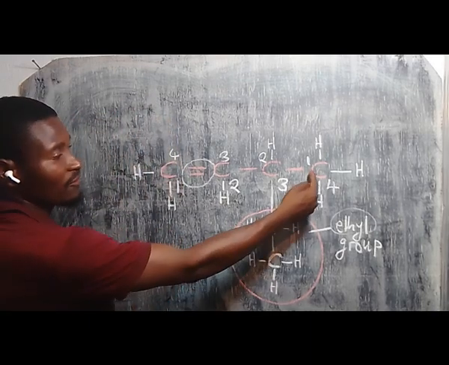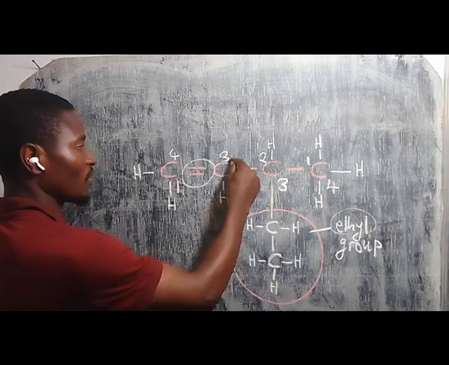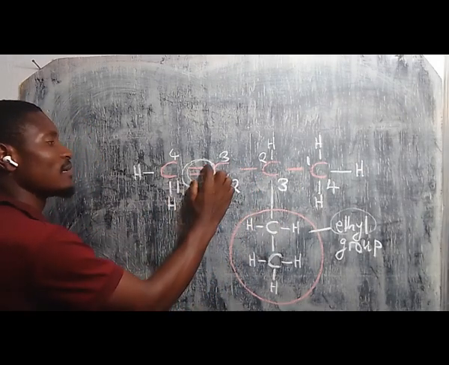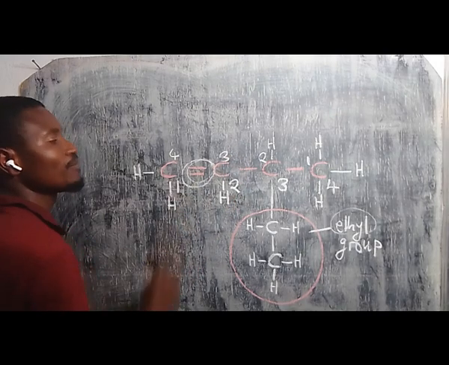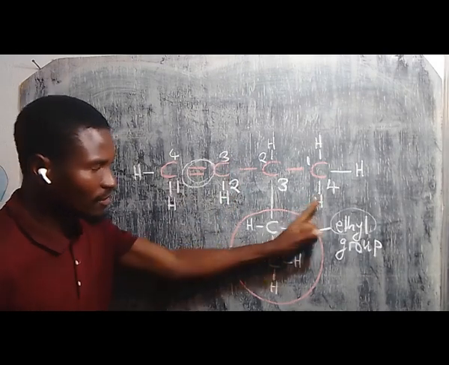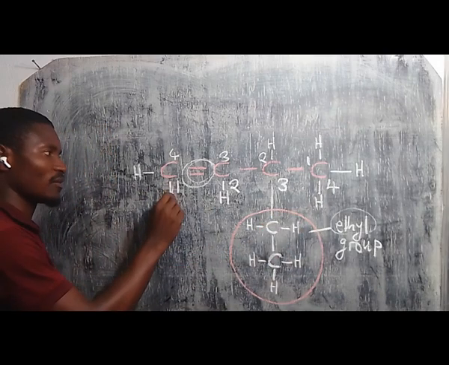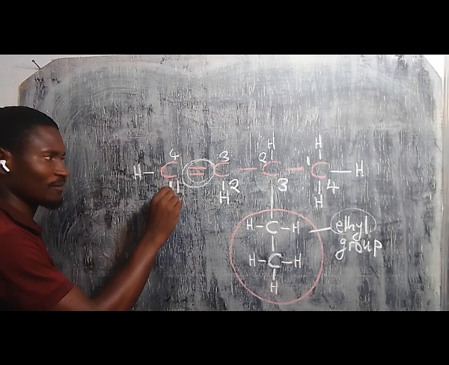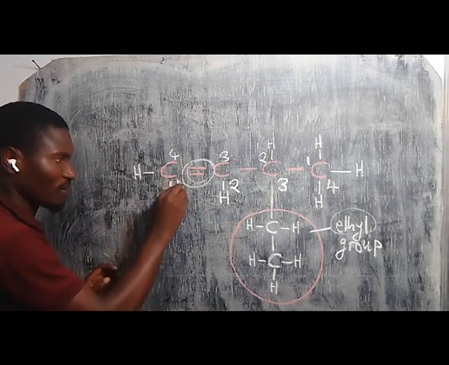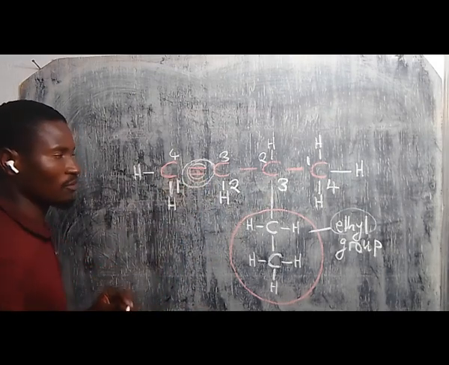So when I count from the top, 1, 2, 3, the double bond is occurring at carbon number 3. What about the other way around? At this carbon going from left to right, 1, we have the double bond.